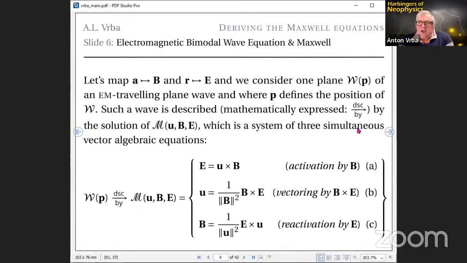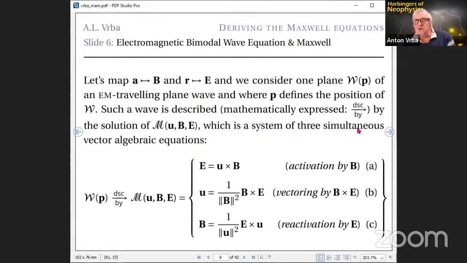Now let's map a to B, the magnetic field, and r to E, the electric field. I'm basically setting this now into the electromagnetic domain, but I know nothing about what the electric field E and the magnetic field B are.